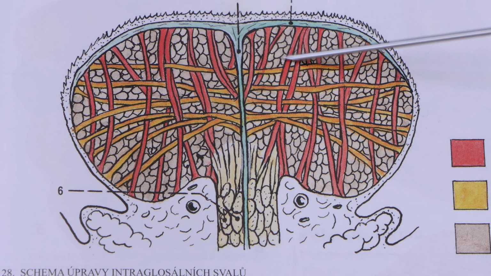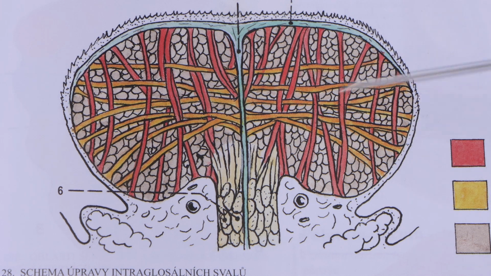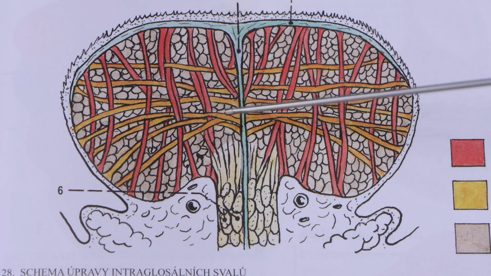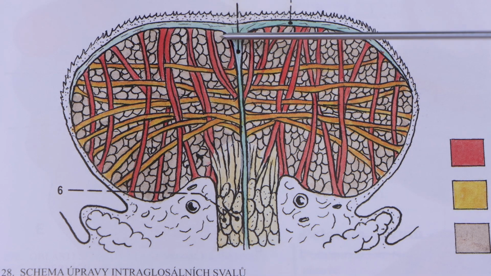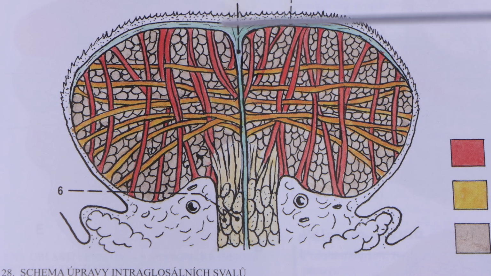Then you have these orange fibers that pass transversally. They are called transverse muscles, and they make the tongue narrow. And finally, the brown color here is called longitudinal.